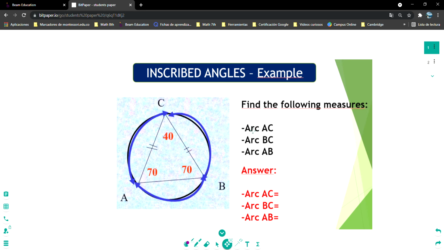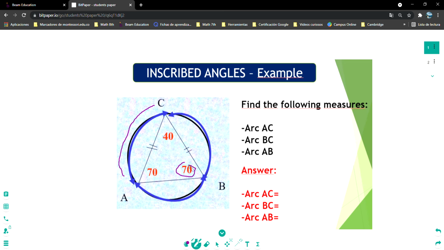We need to find first the arc AC. How can we find the arc AC? Remember that this is an inscribed angle, the angle CBA, that forms the arc AC. Since we have the angle of 70 degrees, we can find the arc AC by multiplying this angle by 2.